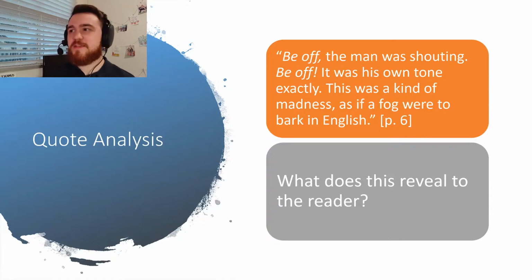He doesn't see them as equal to himself. Even though the man is speaking to him in his own tone, he still sees this man as something less than human. Okay, so this verbal conflict is revealing to us themes of colonial aspects and themes of how the Aboriginal people were treated.